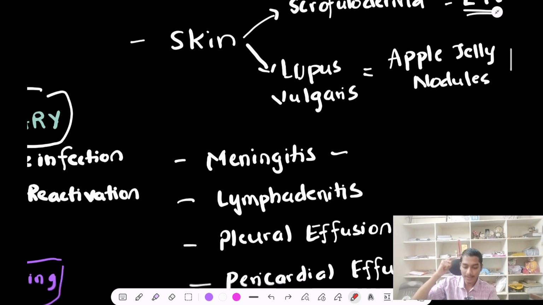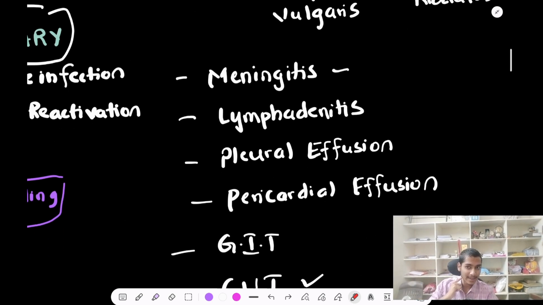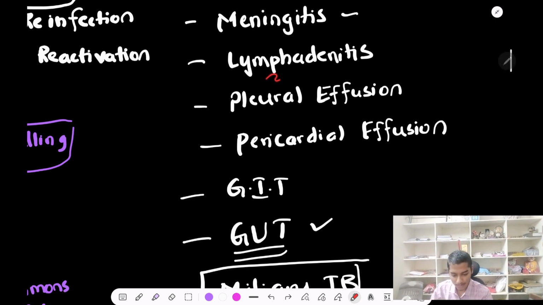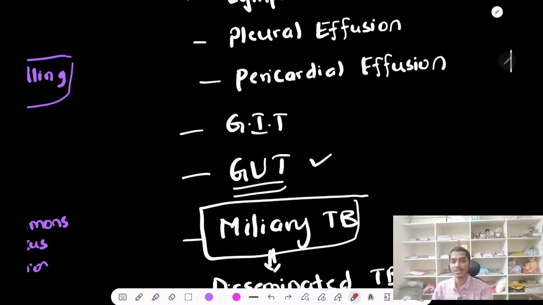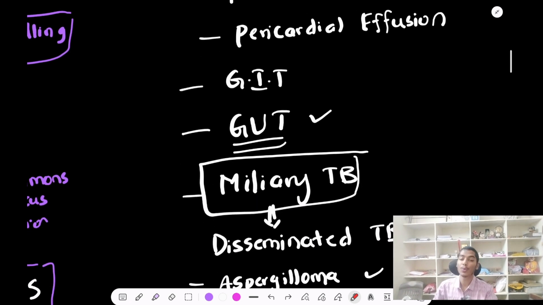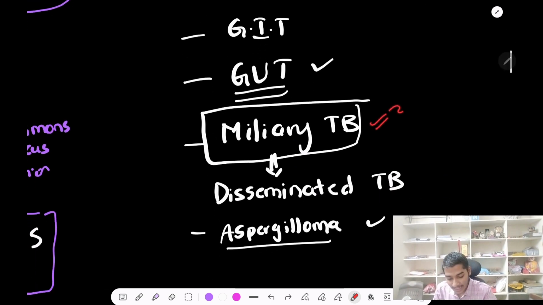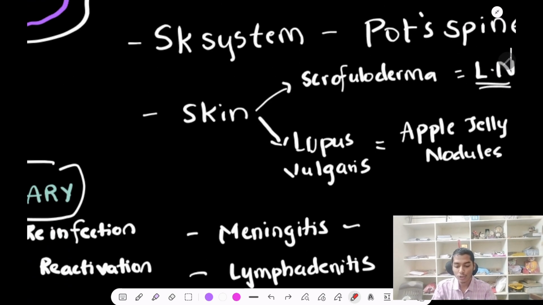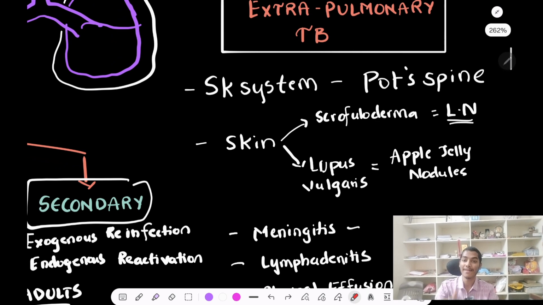Now let's go. First, meningitis, lymphadenitis, then upper respiratory tract infection, pleural. Here I forgot about upper respiratory tract infection, so you just add it. And we have pleural effusion, pericardial effusion, GIT, and genitourinary tract. And we have miliary TB, that is disseminated TB, and aspergilloma. If you count, you have to remember that 11 should be there.